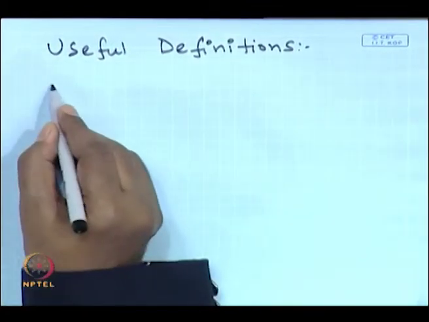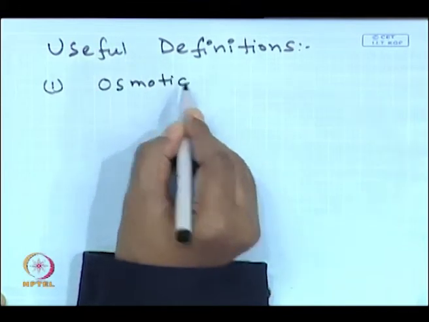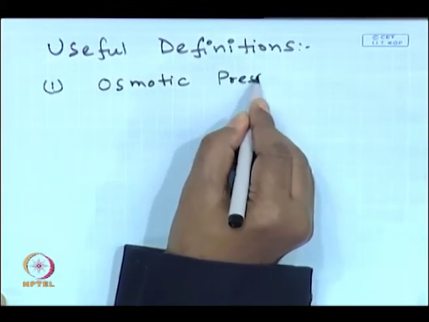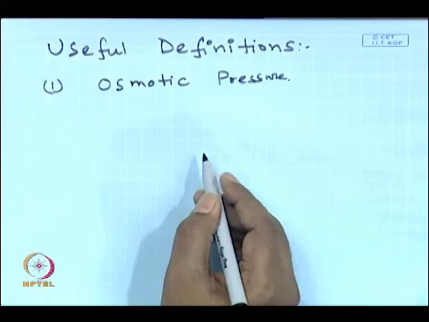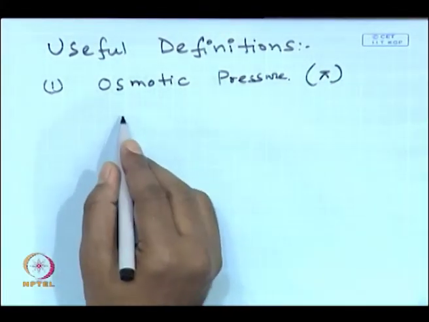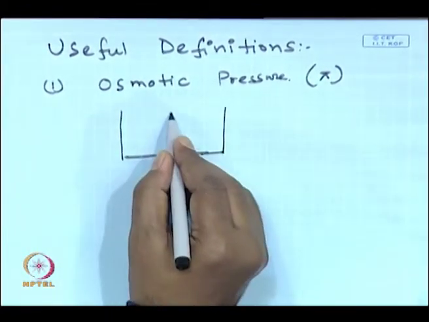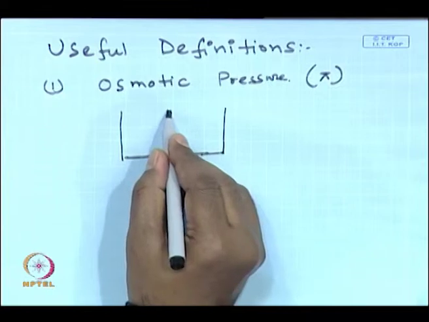The first definition is osmotic pressure, denoted by the symbol pi. I think we have discussed it to some extent in the last class. I will discuss it again in more detail.